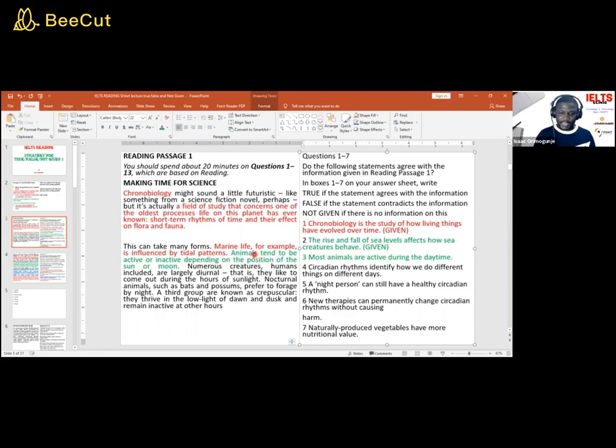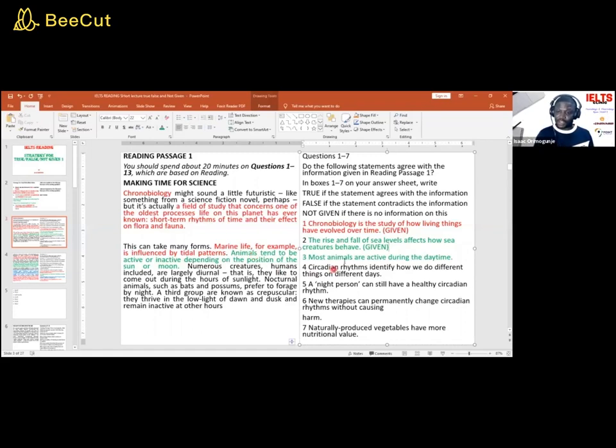This one is saying animals are active or inactive depending on the position of the sun. Quantity of animals that are active during daytime. This one is saying animals can be active or inactive depending on position of the sun. They are not measuring the same thing.